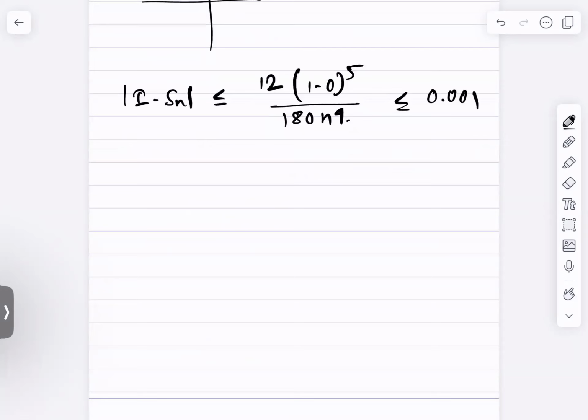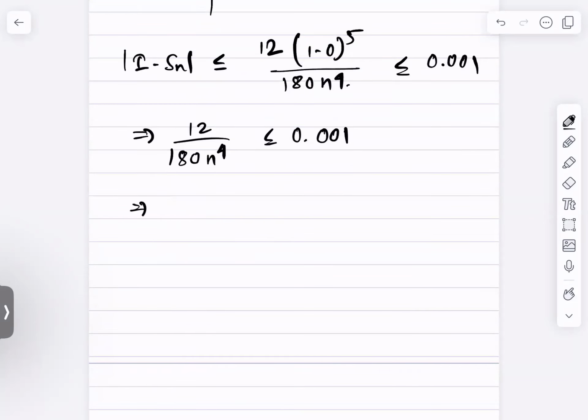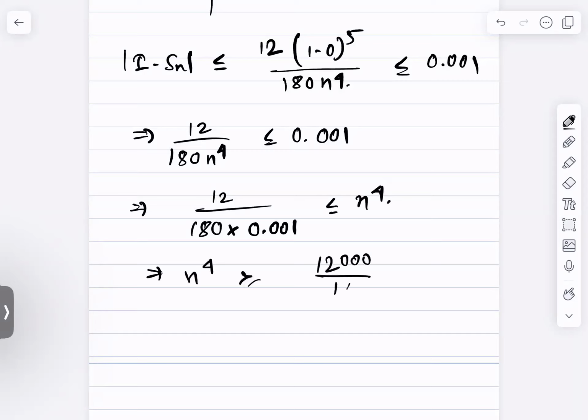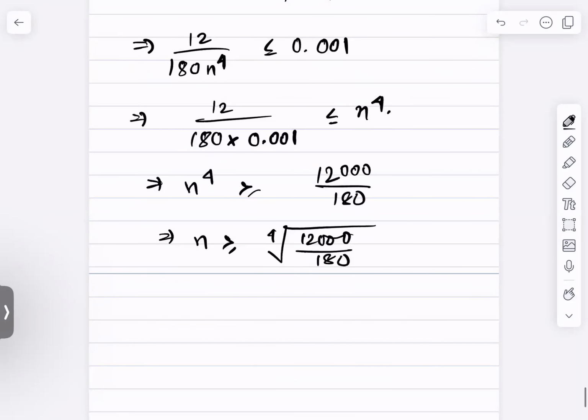Okay, so again, simplify. 12 over 180 n to the 4 is 1 over 15 n to the 4, and then cross multiply. So I'll have 12 over (180 times 0.001) less than or equal to n to the 4. So n to the 4 is bigger than or equal to 12,000 over 180. So n should be bigger than or equal to the fourth root of 12,000 over 180. Again, using a calculator, that should be like 2.851 and so on.